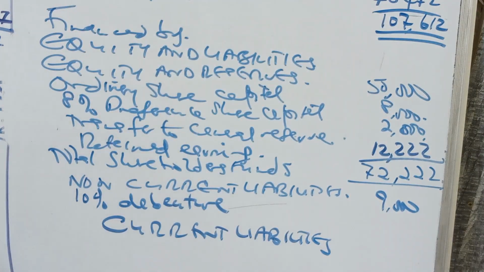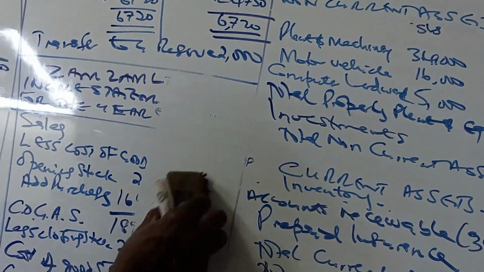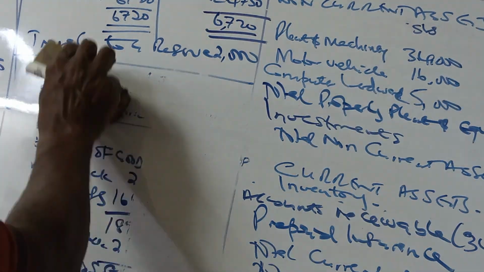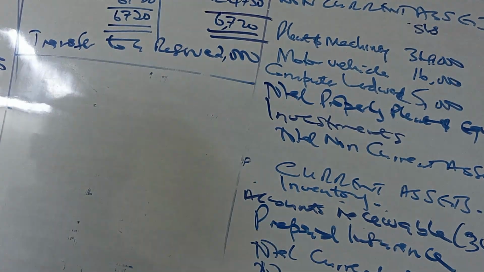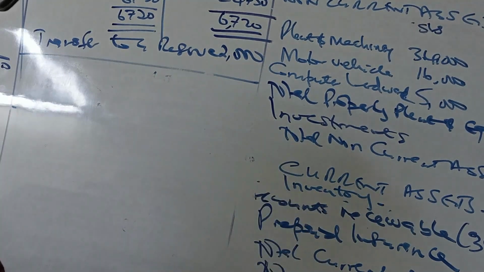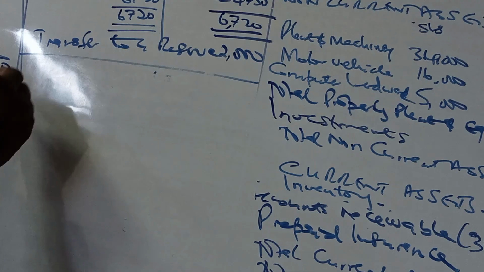I'm going to delete this so that you can get the current liabilities from there. Starting always with bank overdraft, which is always the beginning one in the format. Then we come to accounts payable, that is trade creditors. Then all the other current liabilities following.